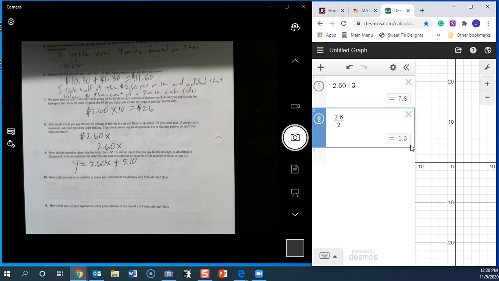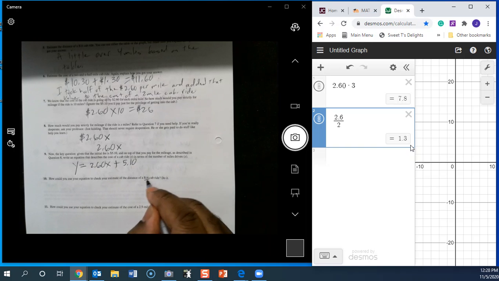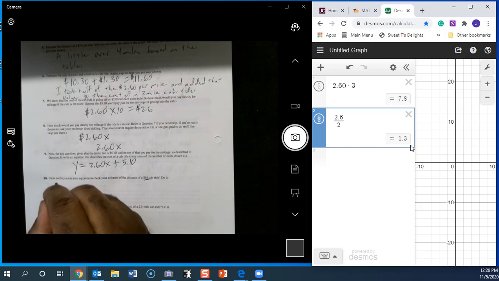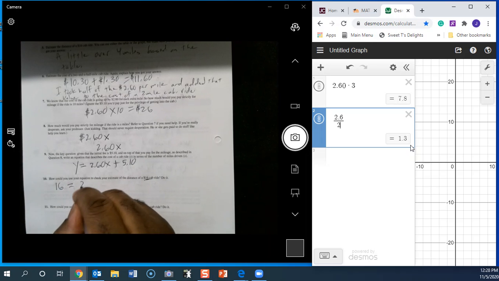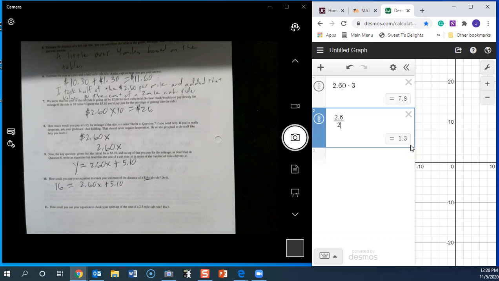Now it says, how could you use your equation to check your estimate of the distance of a $16 cab ride? Do it. Okay, so basically, when you take the mileage plus the initial cost, when you add these two up, we're asking that it equals $16. So we would take 16 is equal to 2.60x plus 5.10.